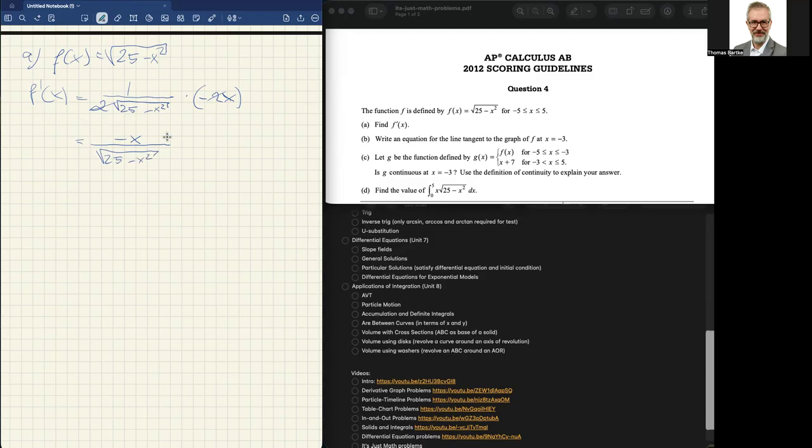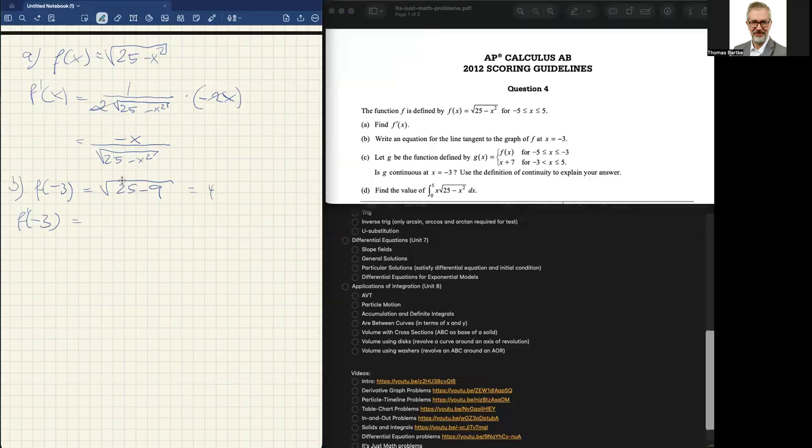Okay, B is find an equation for the line tangent to the graph of f at x equals negative 3. So for that, we need to find the point on the original function at negative 3. So let's do that first. f of negative 3 is the square root of 25 minus 9, and that is 4. And then the slope that we need for the equation is f prime at negative 3.